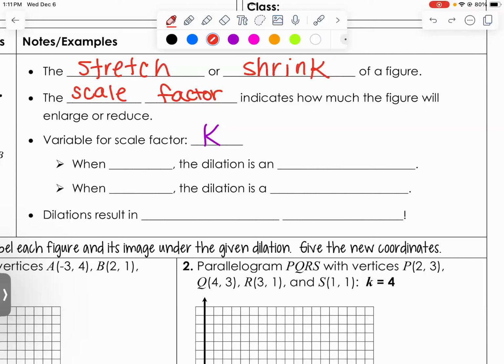Remember when you took that slider and you changed K so it was big or small? What kind of numbers made our picture bigger? 100 would make it bigger. Larger than what, Tatum?